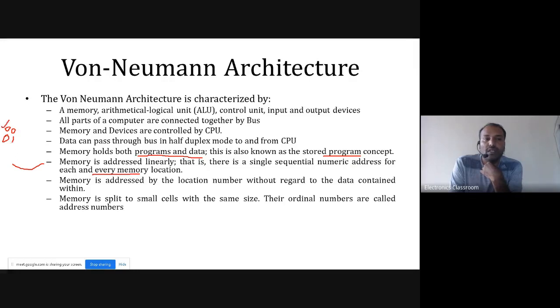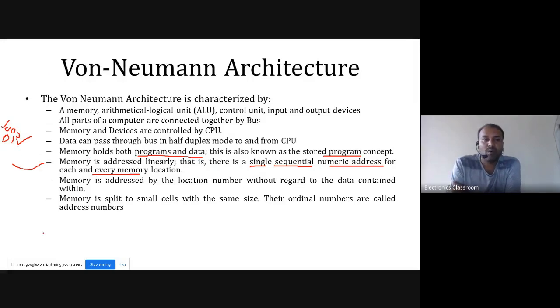This address is unique, and the relation between these two is organized in a linear fashion. So we have single as well as sequential numeric addresses. Numeric means whatever numbers we are referring to here are nothing but numeric addresses.